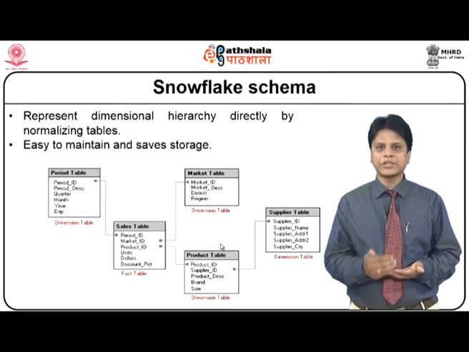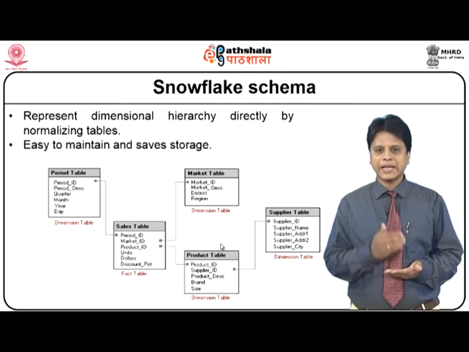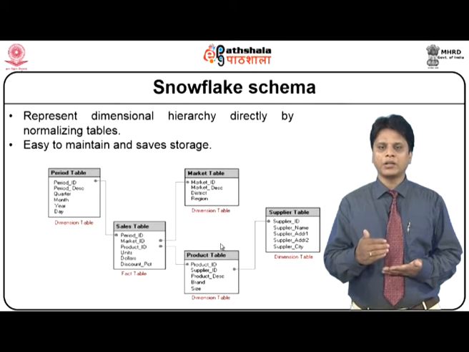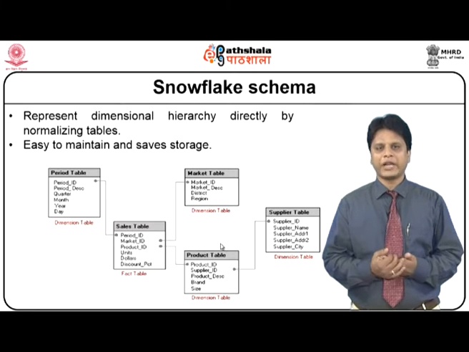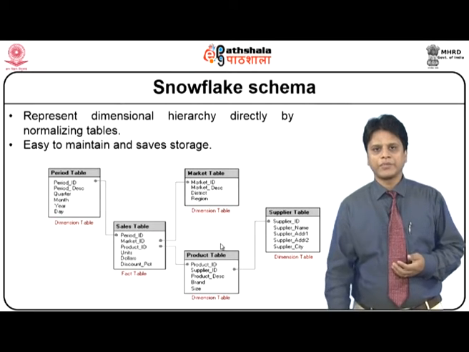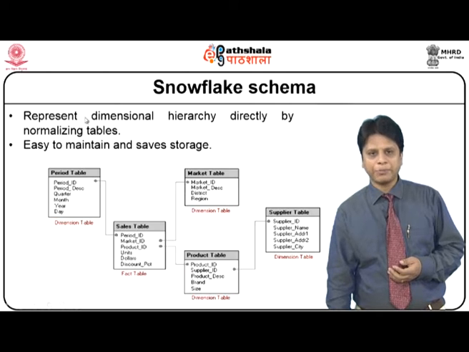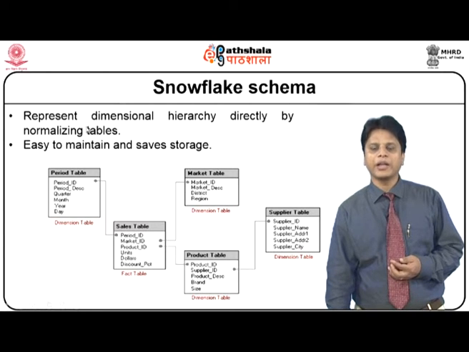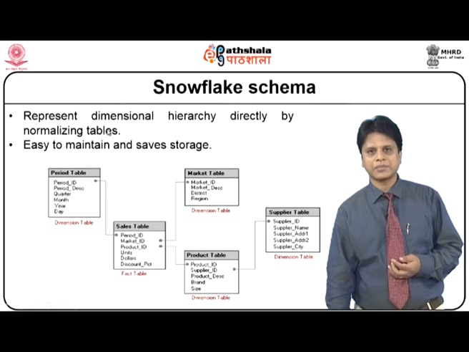As an extension to the star schema: the star schema has not considered most of the inbuilt detail about the secondary value of dimensions, whereas Snowflake represents the dimensional hierarchy directly by normalizing these tables.